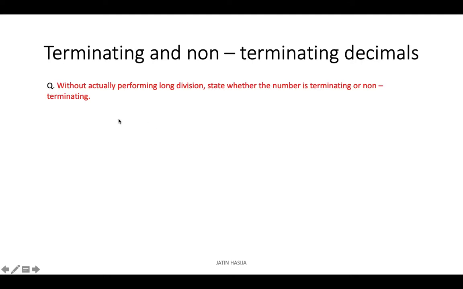Now I have taken three examples here. First example is: without actually performing a long division, state whether the number is terminating or non-terminating, and the ratio that I have taken is 17 by 8.